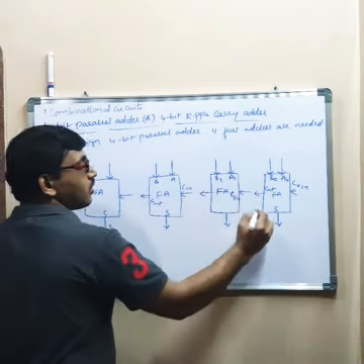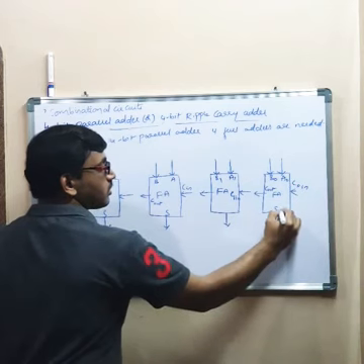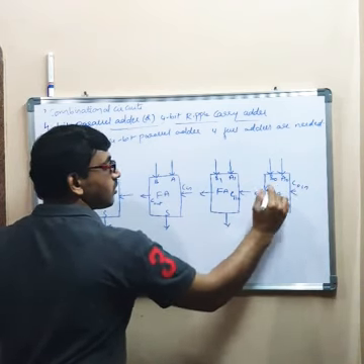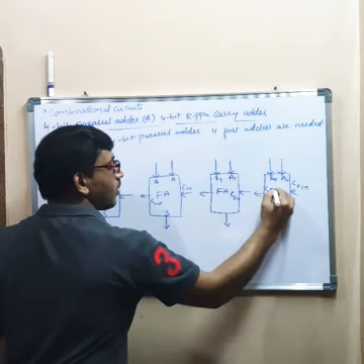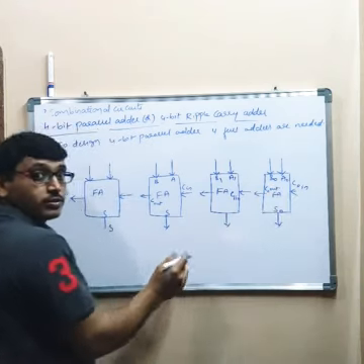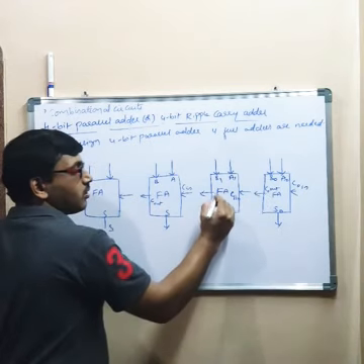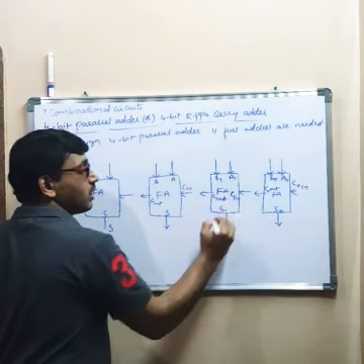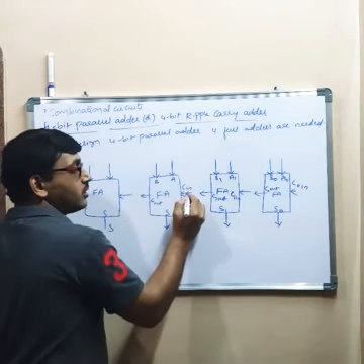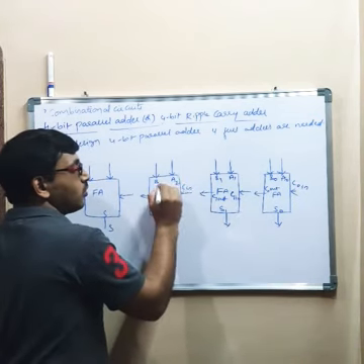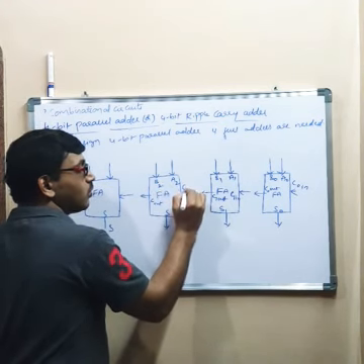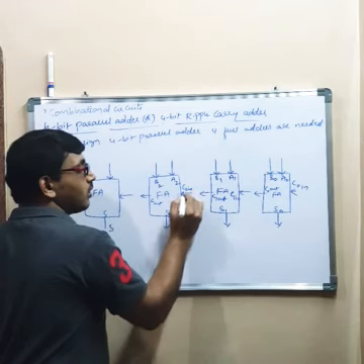Next, this is S naught, this is C naught out. This is C1 out. This is S1. This is A2, B2, C2 in.